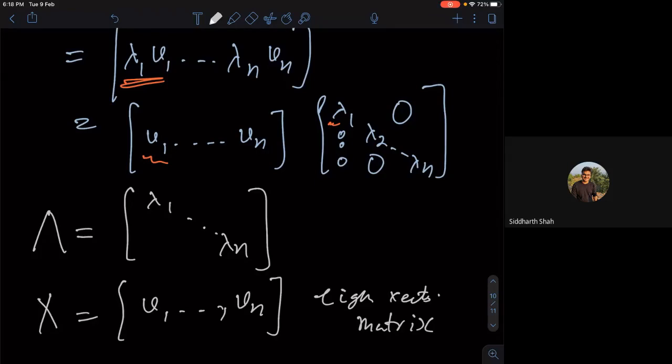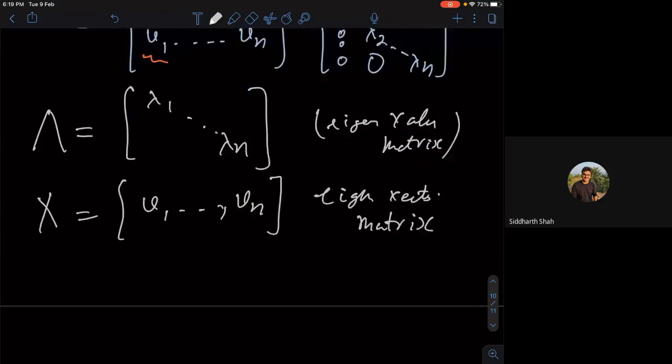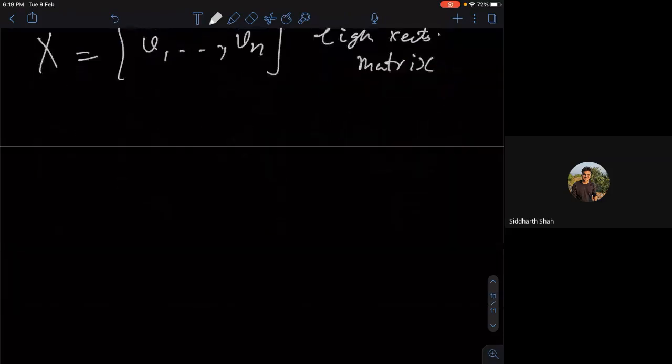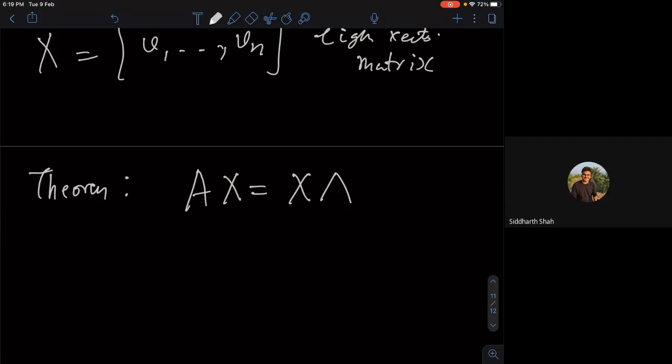We write capital X because usually we write Ax equals lambda x, right? So capital X for all the eigenvectors, and capital lambda for all the eigenvalues. So this is the eigenvalue matrix, and therefore the theorem is written as follows. It says that AX is equal to X lambda. This is called the diagonalization theorem.